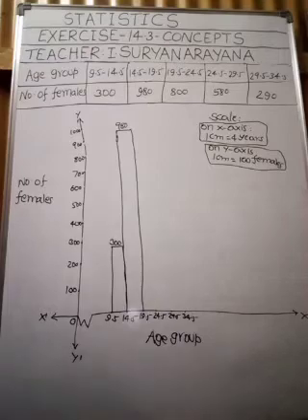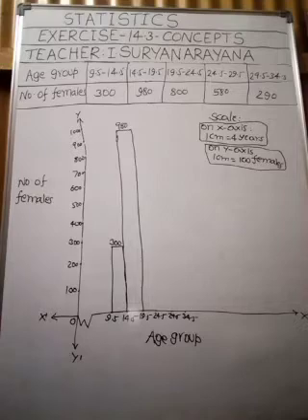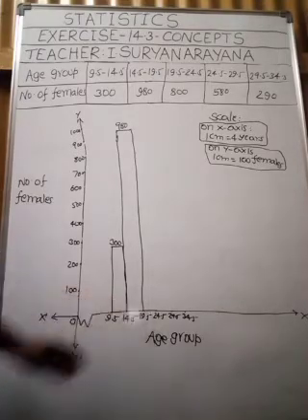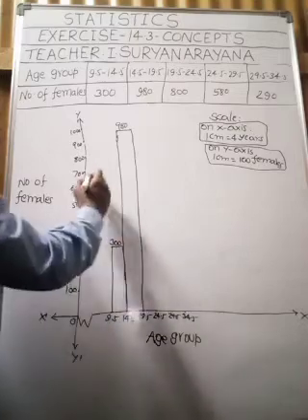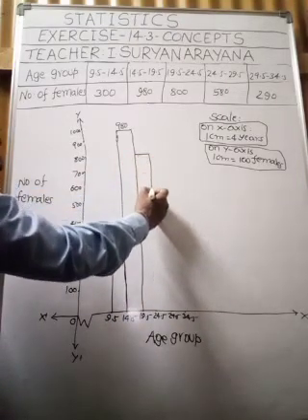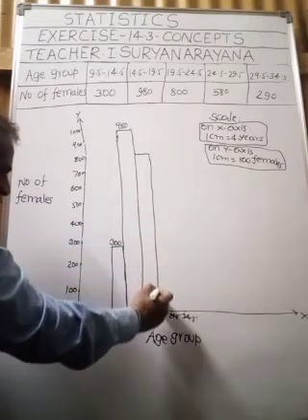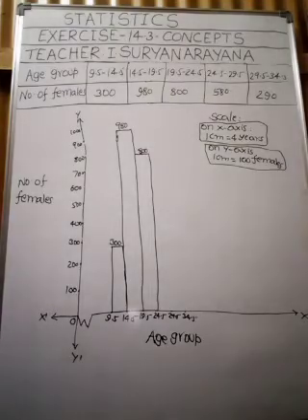Similarly, we draw a rectangle for the third class, 19.5 to 24.5. How many females? 800. So here 800. Understood this third rectangle, my children?